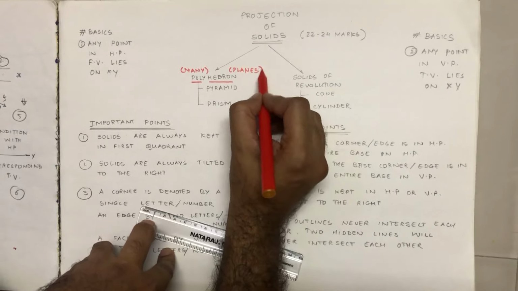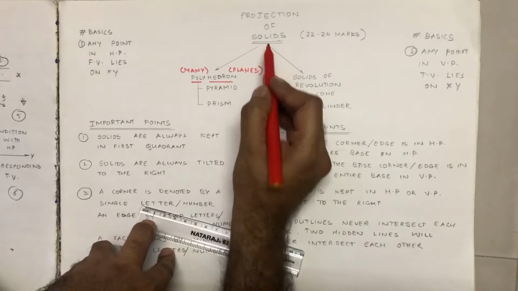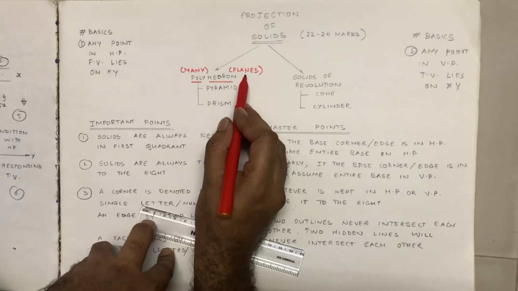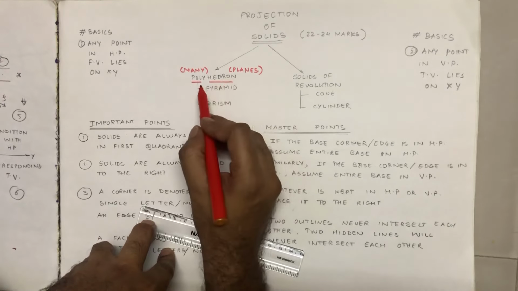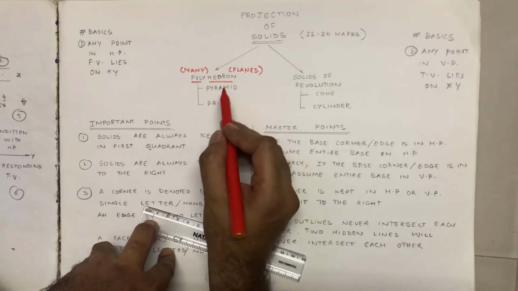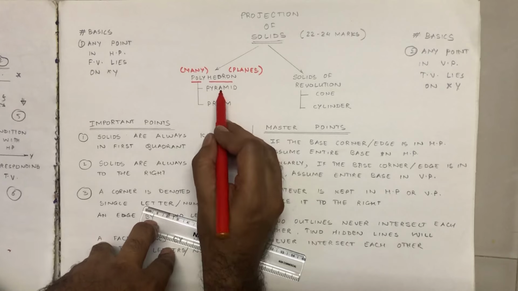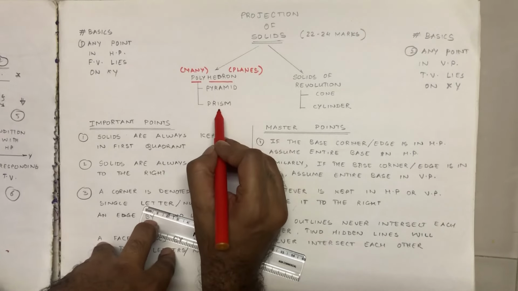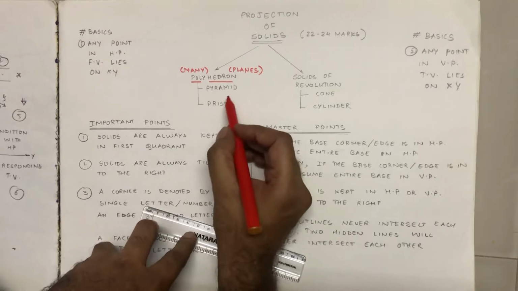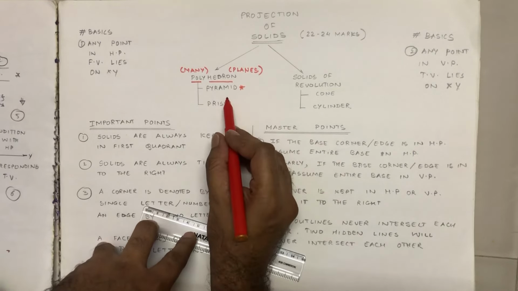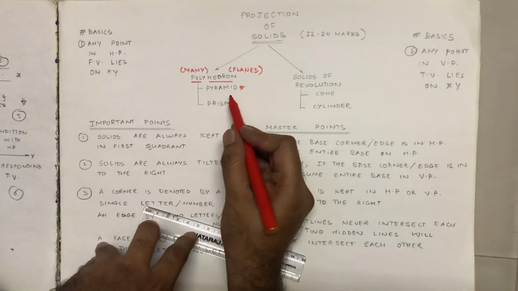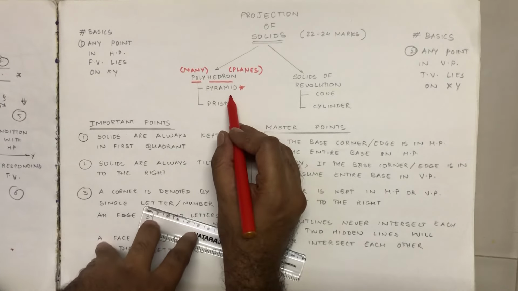A solid made up of many planes will come under the category of polyhedron. Under this category, there are 2 solids. The first is pyramid, the second is prism. Now, this pyramid solid is absolutely important, right? It's a very interesting solid to deal with.